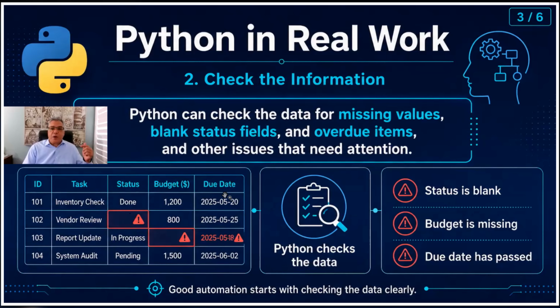Then you ask Python to give you the status of each of the items. Just as an example, this vendor review is missing. The budget for the report update is missing and it's overdue based on today's date. And then you ask Python to analyze all of this information for you.